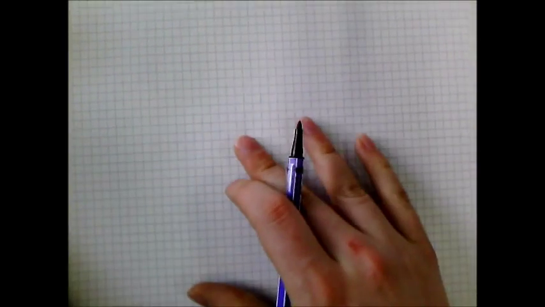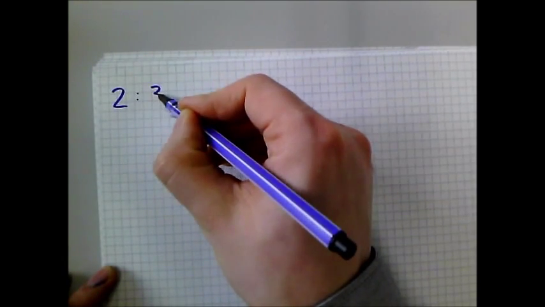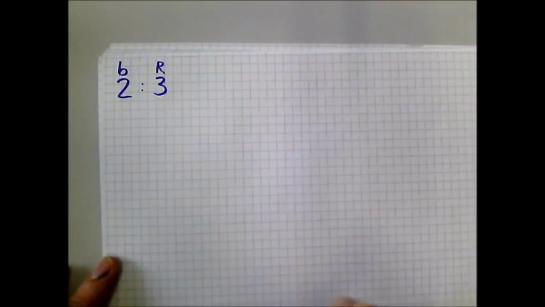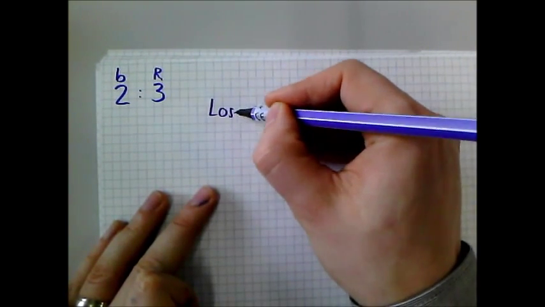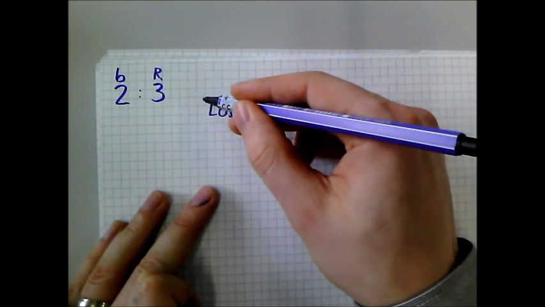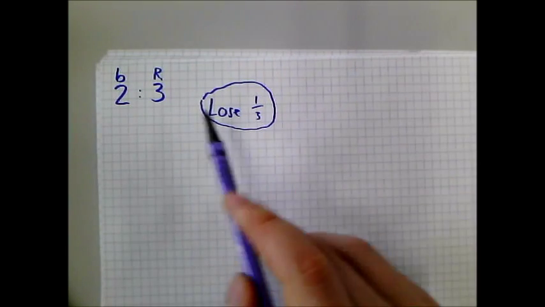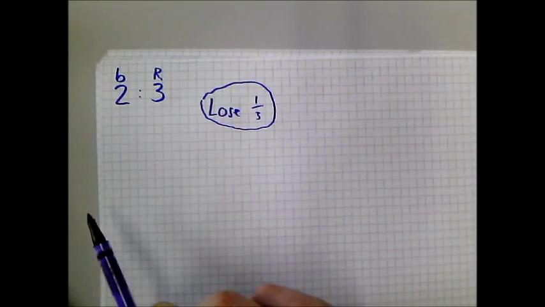So first step, I'm going to write down my ratio. So I have 2 to 3, blue Smarties to red Smarties. Now, if I lose a third of my Smarties, then I'm going to lose a third of this and a third of this.